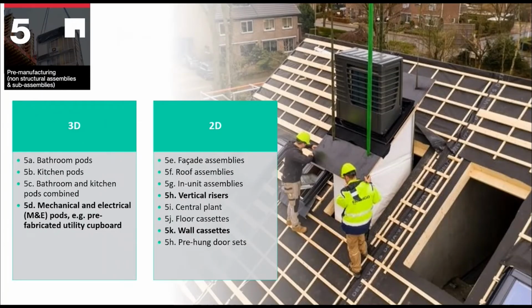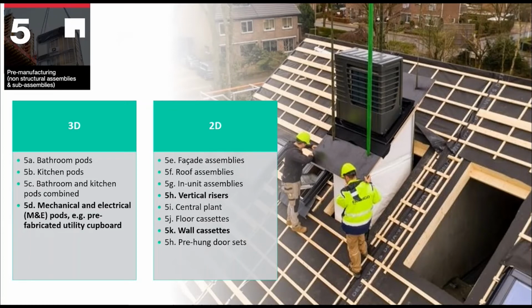Category 5 is about non-structural assemblies and sub-assemblies. It is the use of pre-assembled components that do not form the structure of the building, but which can consolidate materials and processes that otherwise would be delivered on site. These solutions can be used in isolation in an otherwise traditionally constructed project and include reasonably common elements, such as bathroom or energy modules or pods.